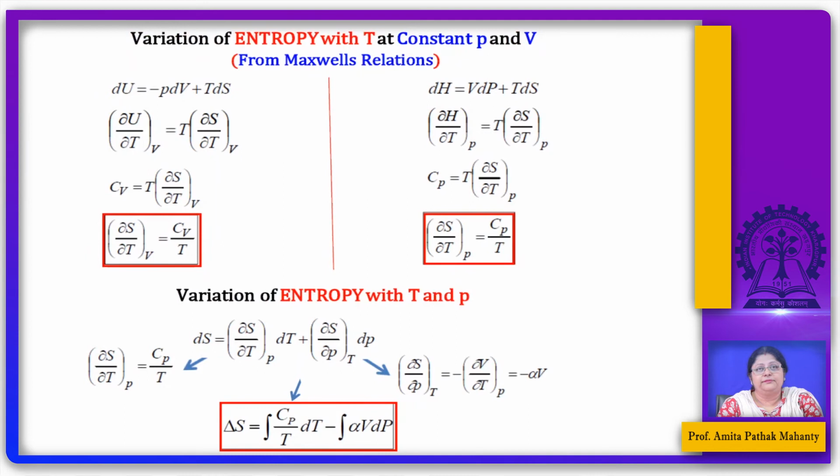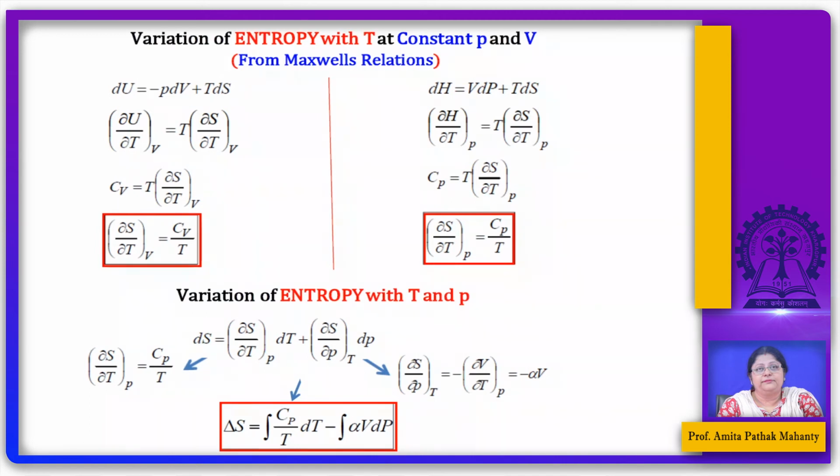So now I had said that I will not take up the derivations of these equations in the class. But from the entropy equations, the variation of entropy with temperature at various thermodynamic variables is supposed to be known to you so that you can simplify and go further. Suppose you are asked what is going to be the slope of entropy and temperature when the experiment is performed at constant volume.